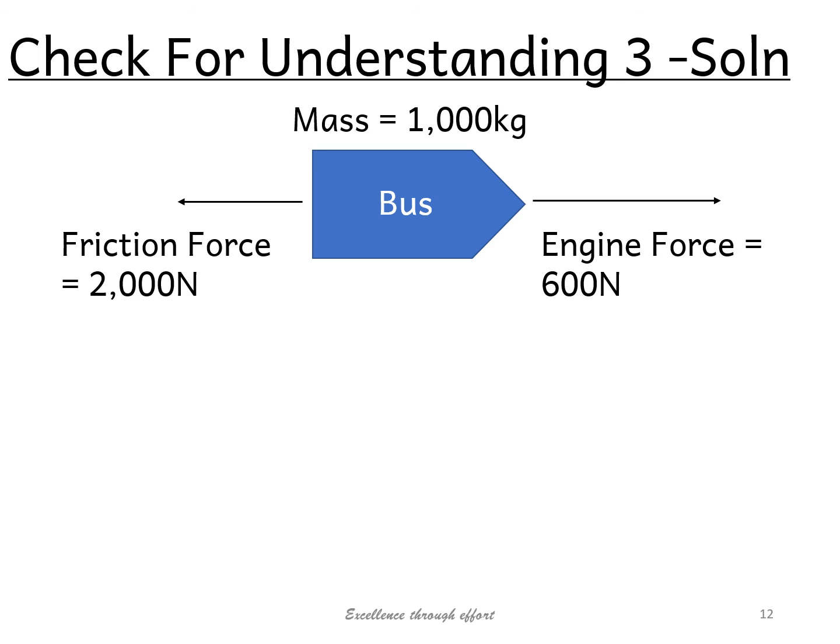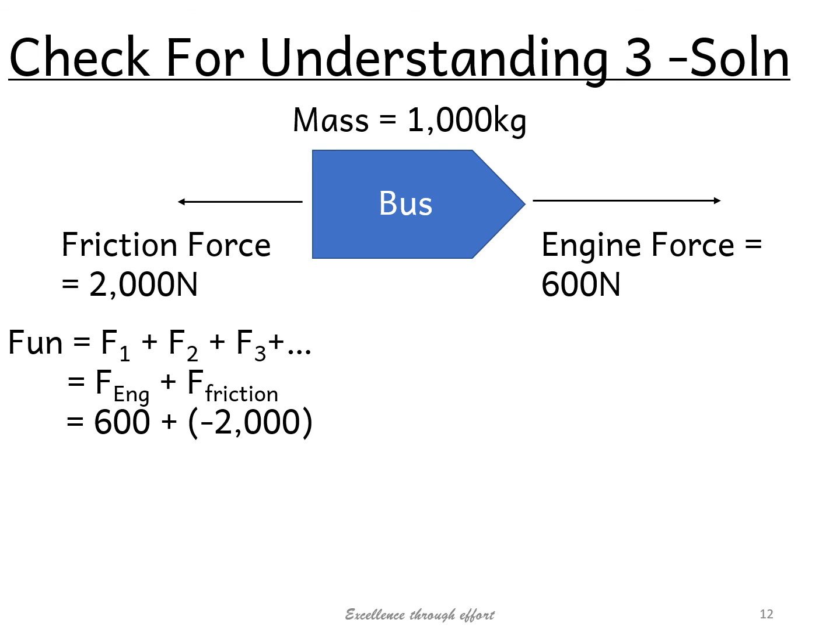Let's check our answers for the third one because that was a trickier one. So I gave you this diagram as a wee hint, and we're following our routine as before. So the first thing we do is we write down F unbalanced is equal to F1 plus F2 plus F3. We then plug in our numbers.